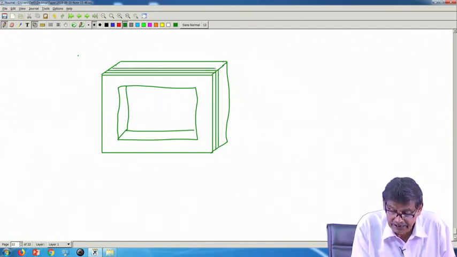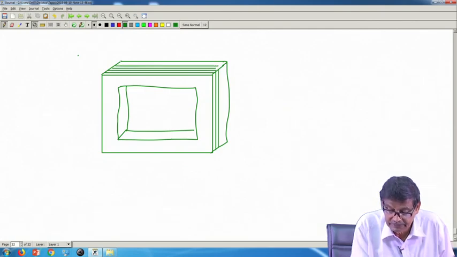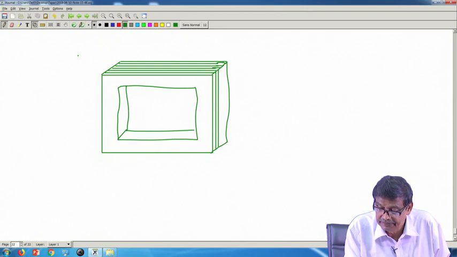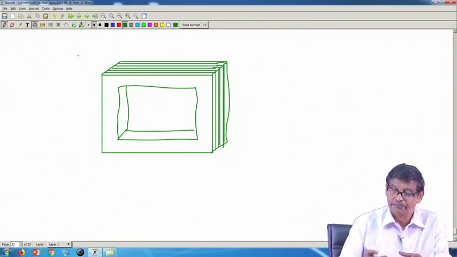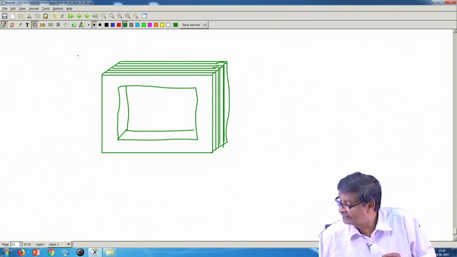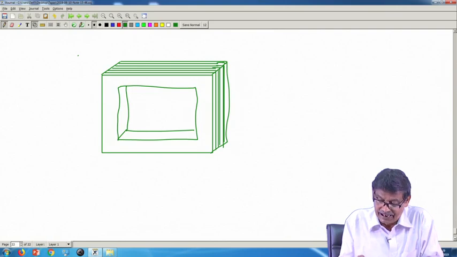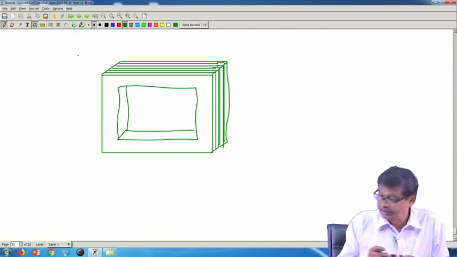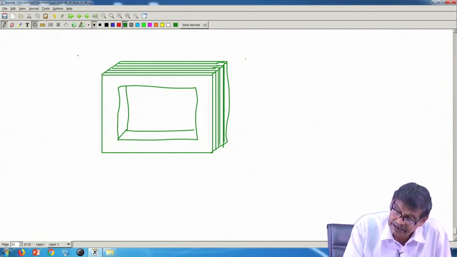I think you have got the idea of this kind. So, many plates like this, you stack them together and try to form a core material like this. These are also called laminated plates.